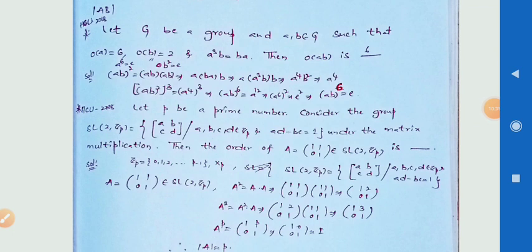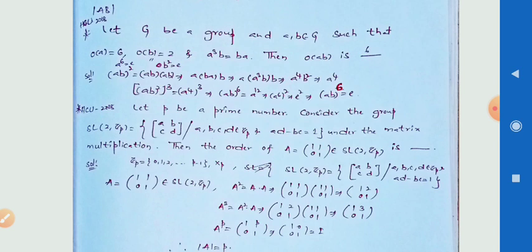Now another problem. This problem was also asked in Hyderabad Central University 2018. Let p be a prime number. Consider the special linear group SL(2, Zp), that is equal to the matrices a b c d such that a, b, c, d belong to Zp and ad minus bc is equal to 1, under matrix multiplication.